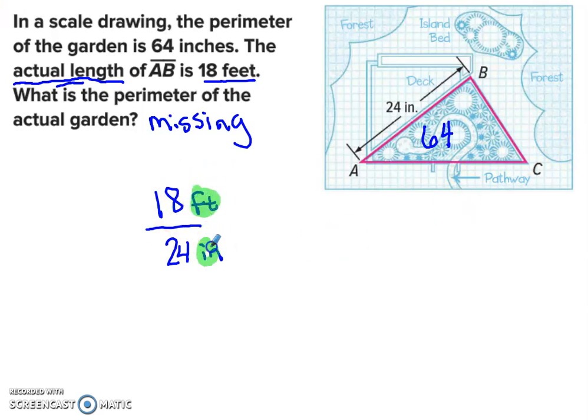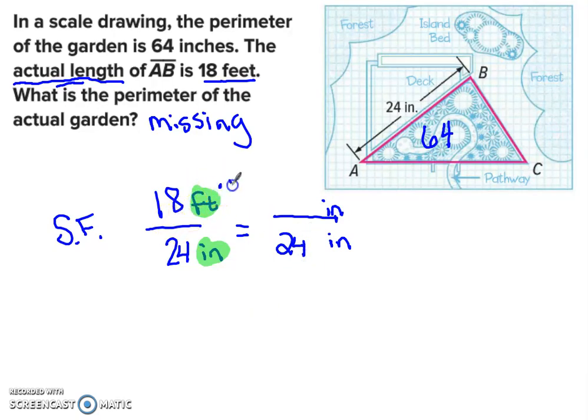Not forgetting our labels. So my scale factor here, I need to make sure these are the same. So 18 feet, how many inches are in a foot? There's 12. So I want these to be the same. 24 is already in inches.